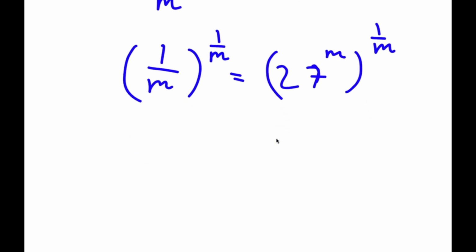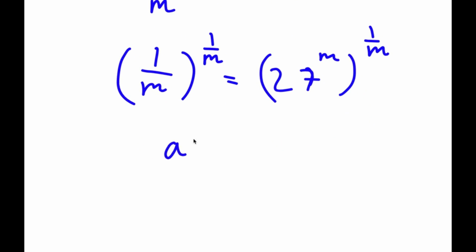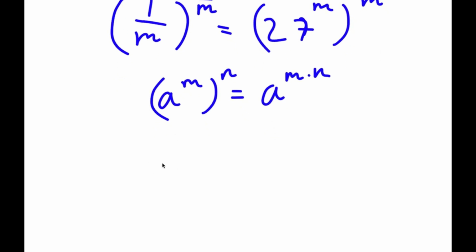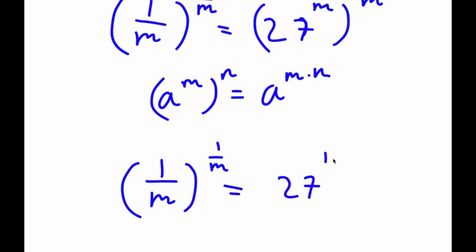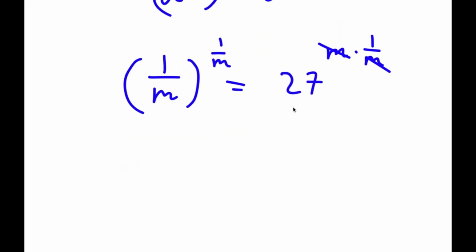Now, if I have something in the form a to the power of m to the power of n, this is equal to a to the power of m times n. So 27 to the power of m to the power of 1 over m, that's the same thing as 27 to the power of m times 1 over m. And m times 1 over m, these two cancel out, so that's just going to be left with 27.